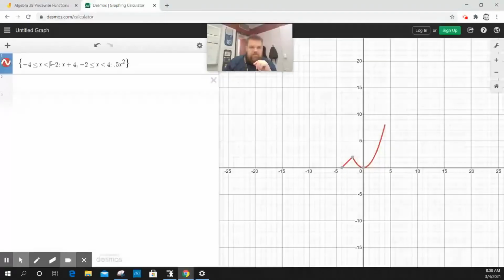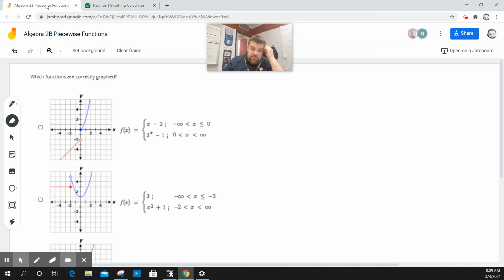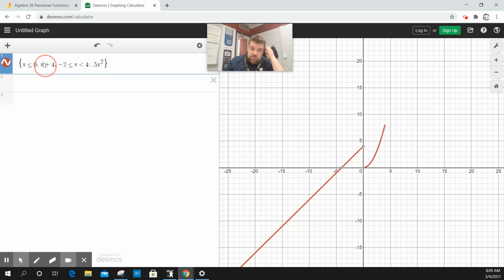So the first one is x is less than or equal to 0, and I don't need to put in infinity. I could just leave it like this. But then the function for that portion of the graph is x minus 2. So in here, I'm going to put minus 2.